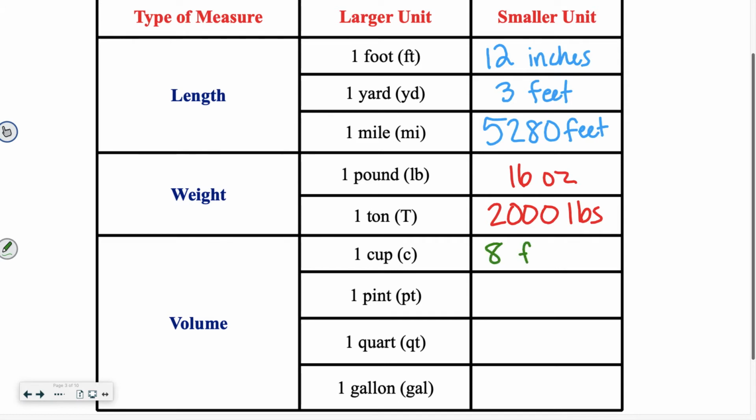So 8 fluid, we abbreviate FL, ounces is OZ. 1 pint is the same as 2 cups, 1 quart is 2 pints, and 1 gallon is 4 quarts. Like I said, write that down, take a screenshot. This is going to help you on your assignment. So this is all about our customary units of measurement.